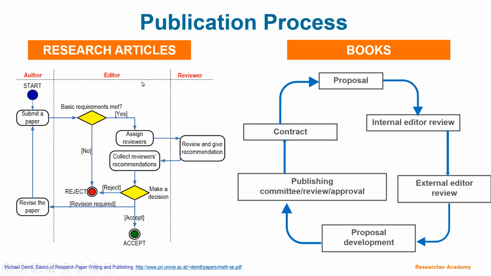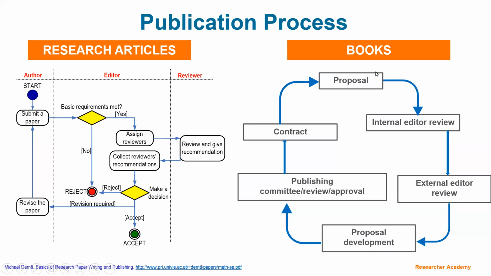If you would like to publish a research article, you can see in that figure that this is the collaboration process between the author, you and me, the editor of the journal, and the reviewer. I will explain this process in detail.